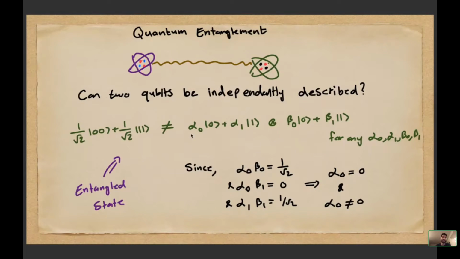You can't have alpha 0, alpha 1, beta 0, and beta 1, such that when you multiply them out the way concatenation works, you get this state out, because of this contradiction. So this simple mathematical proof tells us that the state we wrote here is truly entangled. It's a state on two systems that cannot be independently described on single qubits. And this is a phenomenon that does not occur in the probability world.